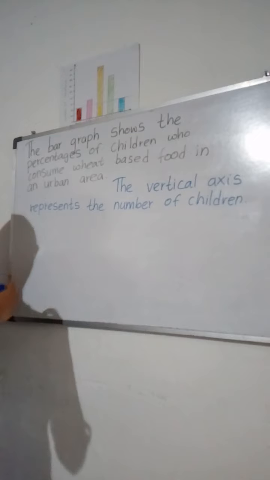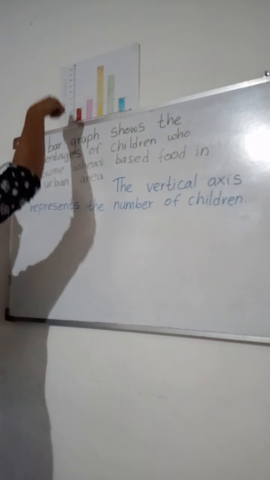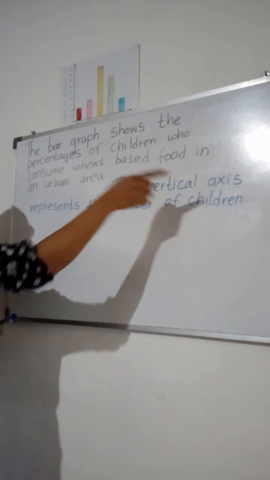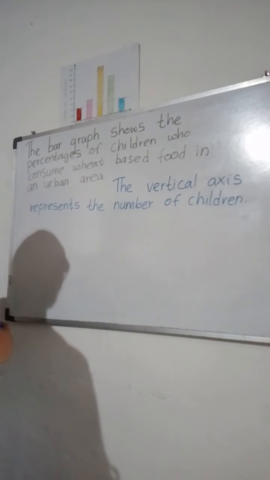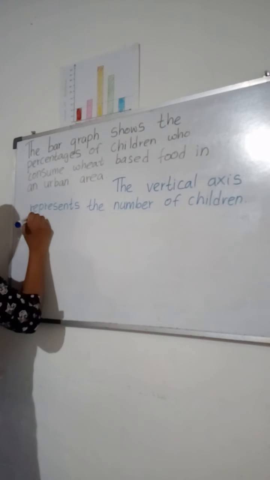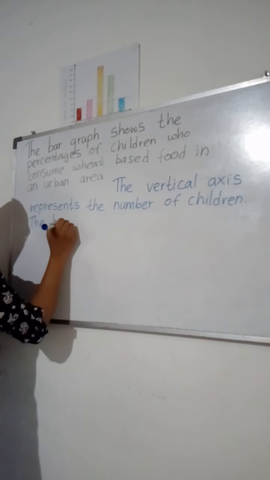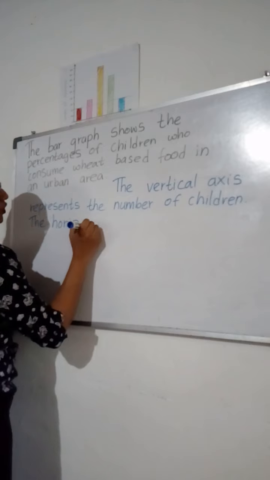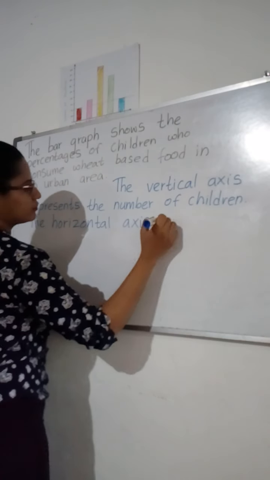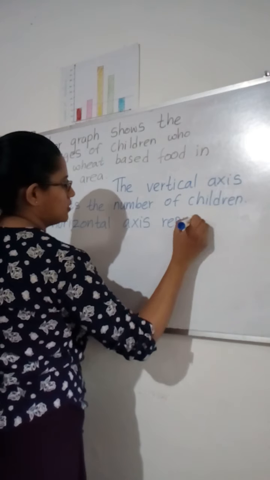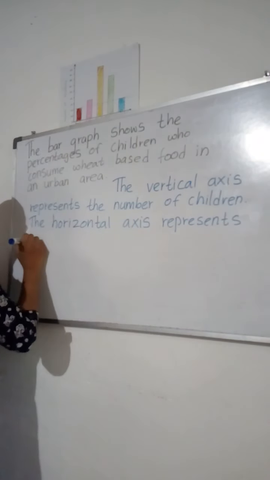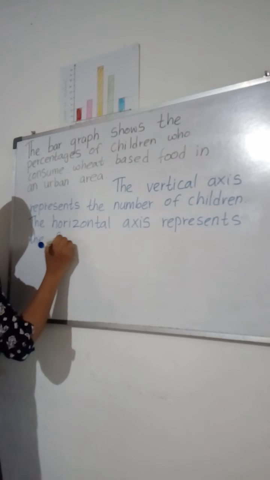We can write about the vertical axis, about the x-axis. The vertical axis represents the number of children, and about the horizontal axis. The horizontal axis represents the food items.